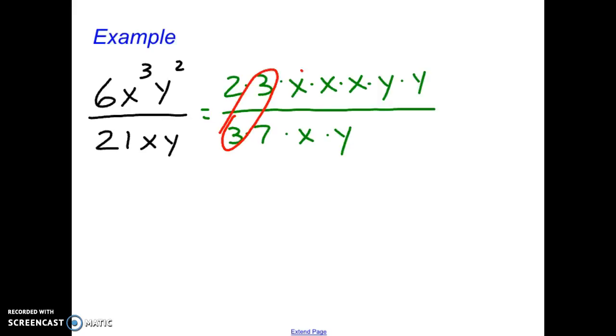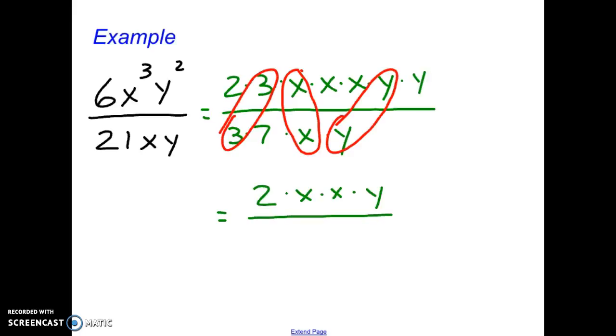We got the 3's. We can do an x, and we can do a y. In this case, we're left with a 2, x, x, and y in the numerator, 7 in the denominator. And if we rewrite it using our exponents, we get 2x squared y over 7.